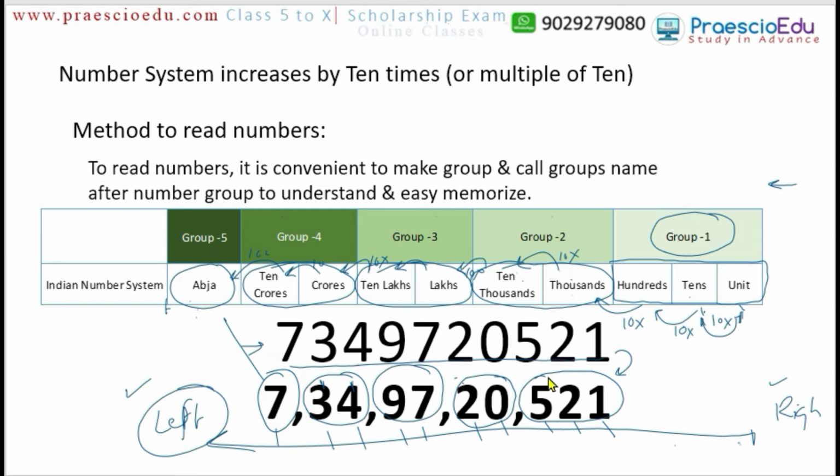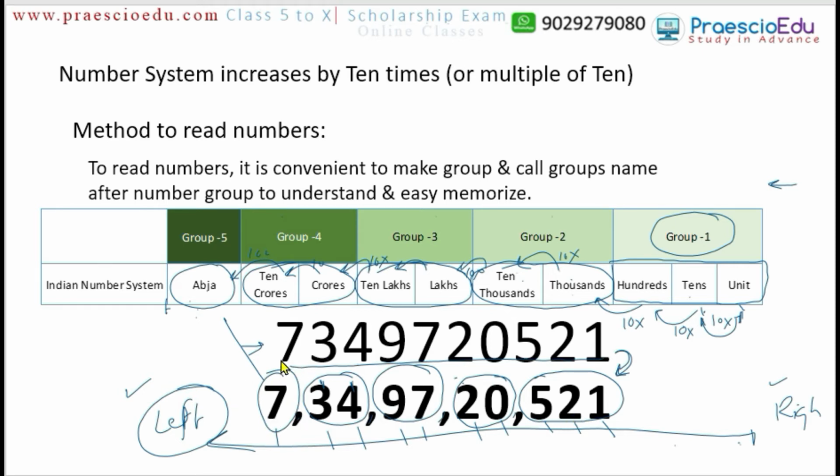So now I have written this number in separate grouping forms. While making it, to identify the groups separately, I put commas here. The number is the same; the value of the number doesn't change.